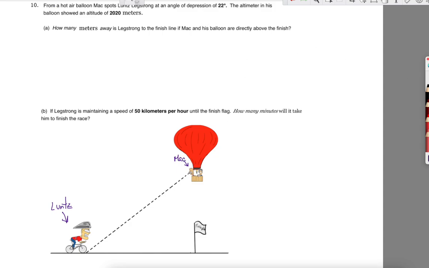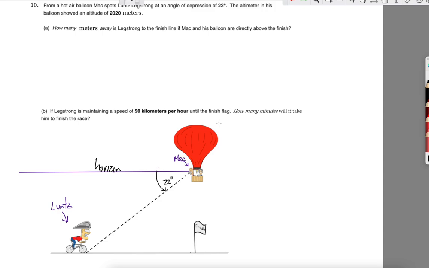And angle of depression, how does that work? That goes from the horizon down. So here's our horizon, and this angle right here is 22 degrees.